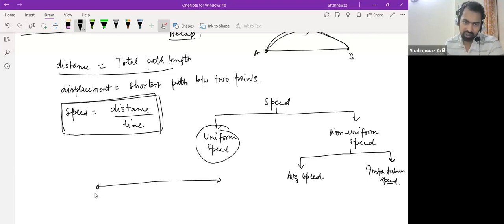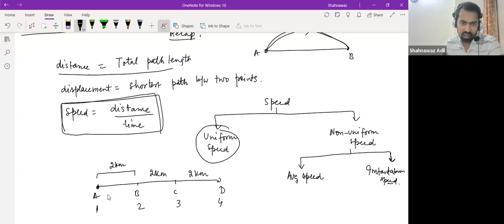So let's say that we have A, B, C, and D points, and let's say 1 second, 2 second, 3 second, and 4 second. Let's say a body covered 2 kilometer, and then 2 kilometer, and then 2 kilometer.